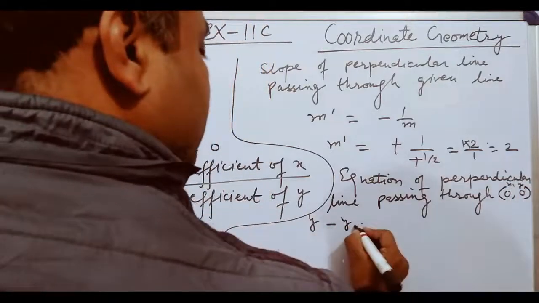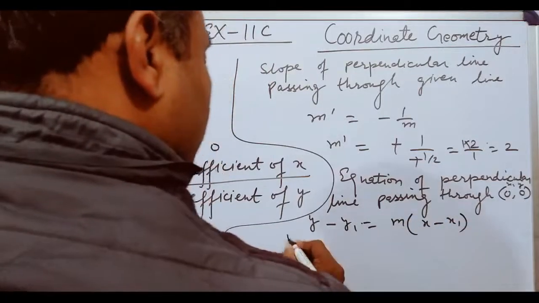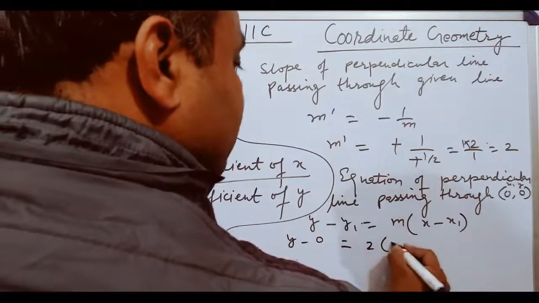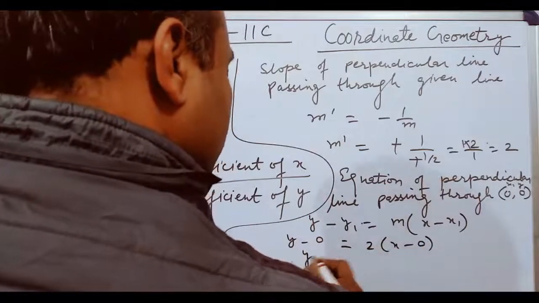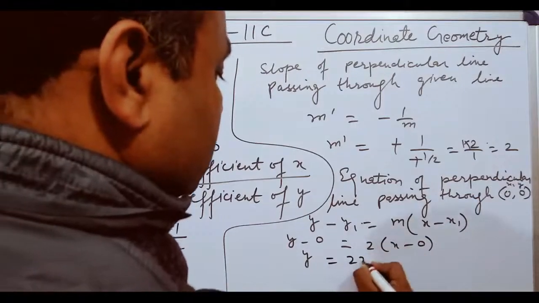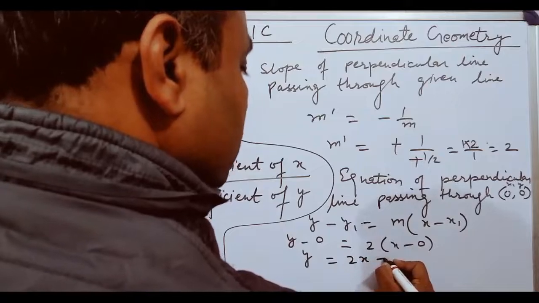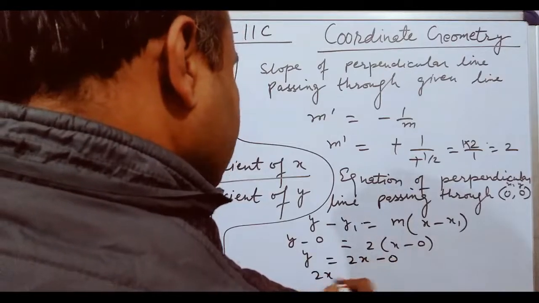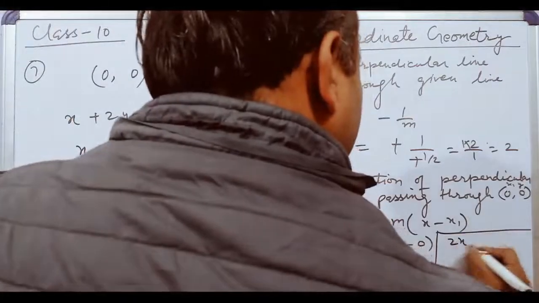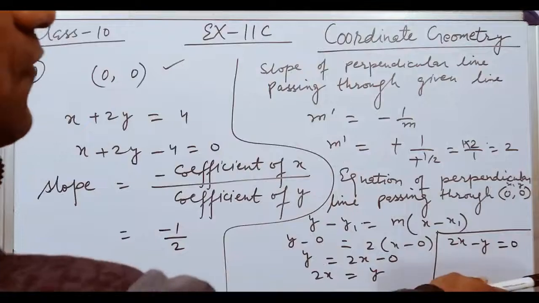So y minus y1 equals m times (x minus x1). Y minus 0 equals 2 times (x minus 0). So y equals 2x, then 2x minus y equals 0. This is the equation of the line.